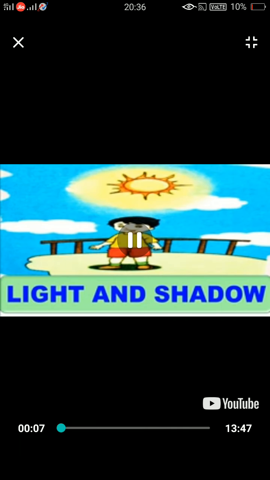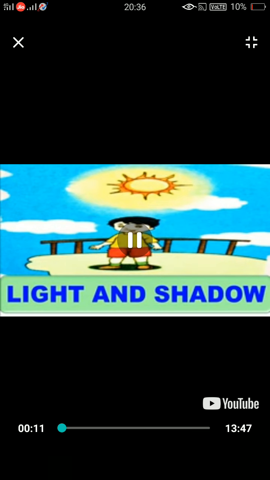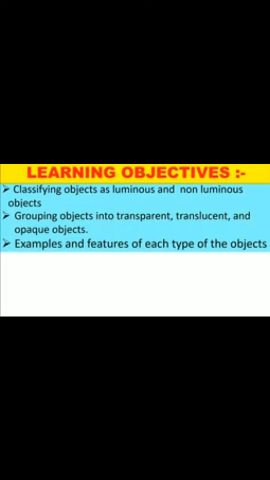So today we will start with our new topic, light and shadow. So let's discuss some learning objectives. First we will study classifying objects as luminous and non-luminous objects. Next point, grouping objects into transparent, translucent and opaque objects.